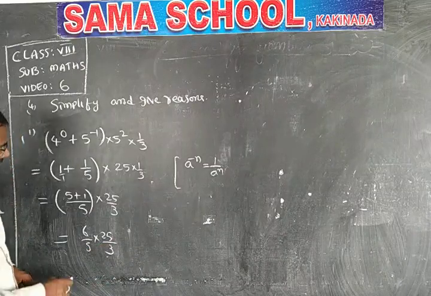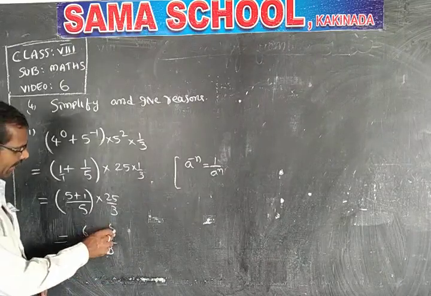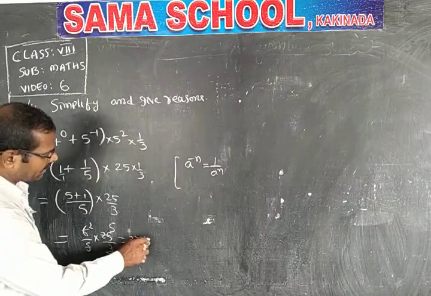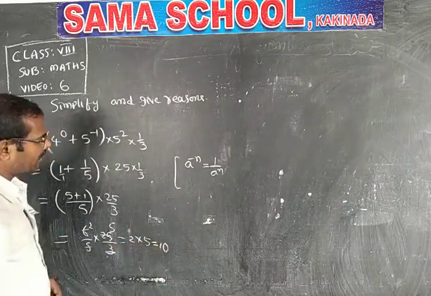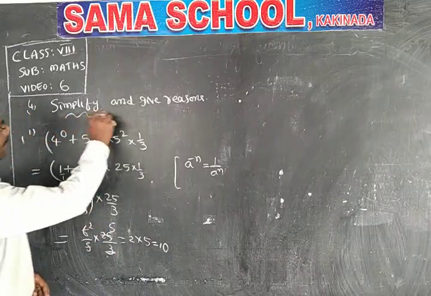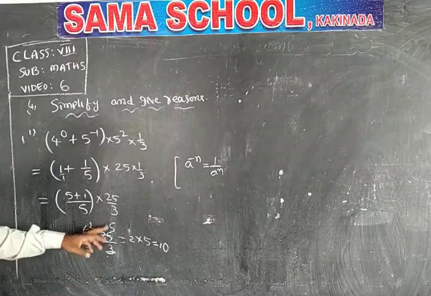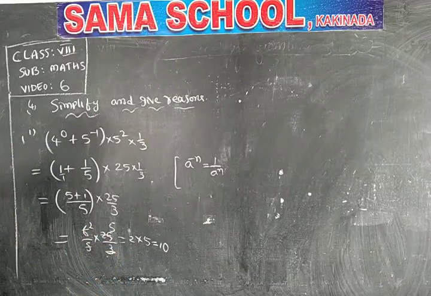Now cancel: 5 cancels, 3 cancels 2 times, so 2 into 5 is equal to 10. So the answer is 10. In this first sum, the answer is 2 into 5 is equal to 10.